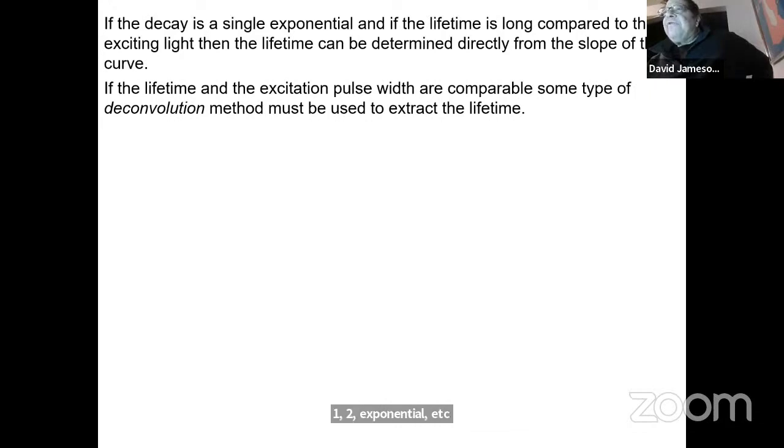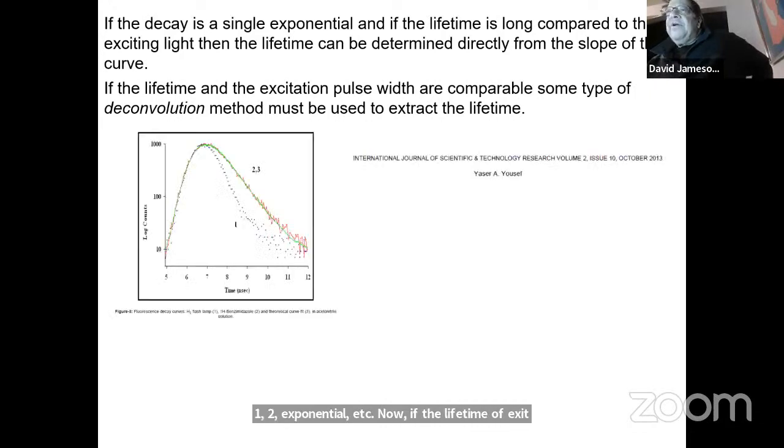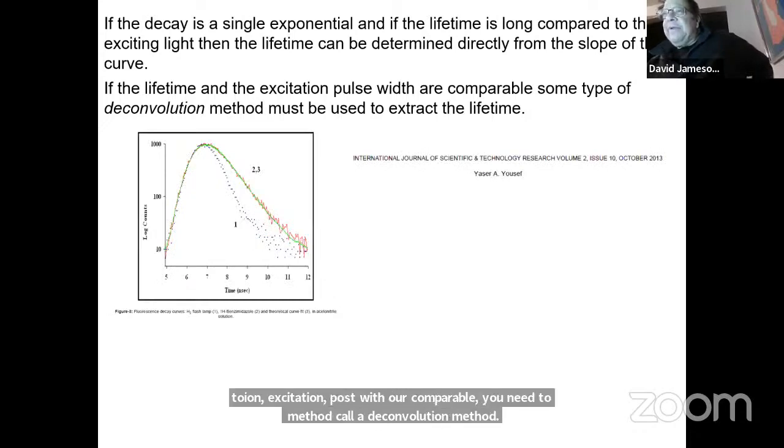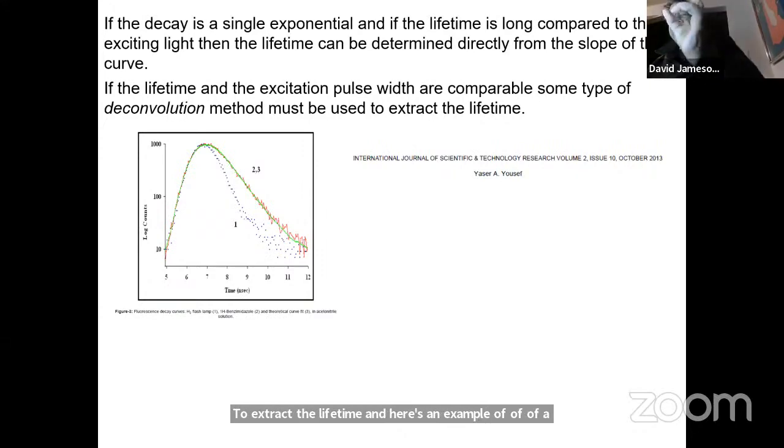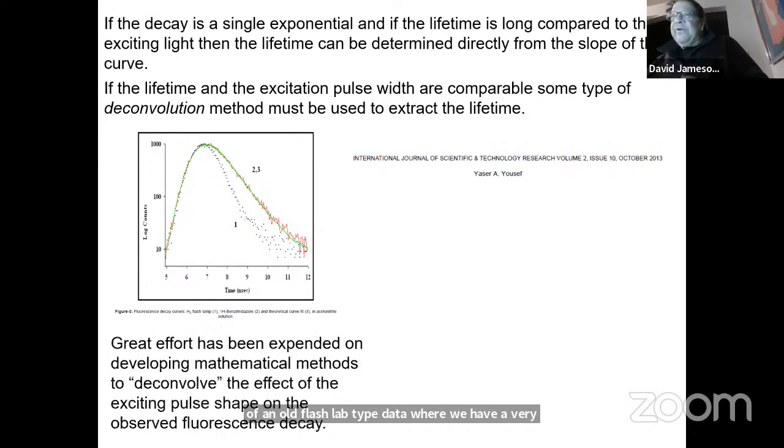Now, if the lifetime and excitation pulse width are comparable, you need a method called deconvolution to extract the lifetime. And here's an example of old flash lamp type data, where we have a very broad excitation pulse, and it's not trivial to extract.